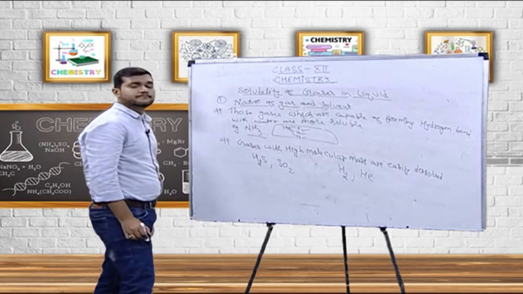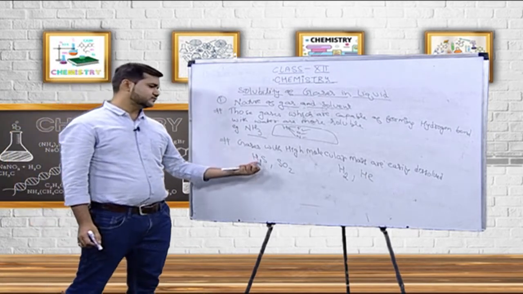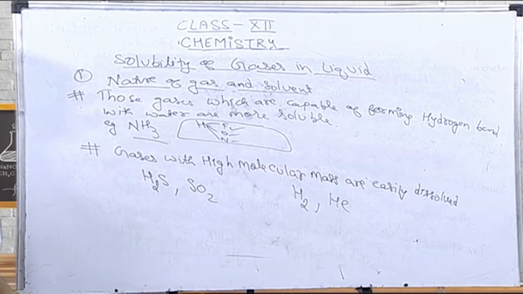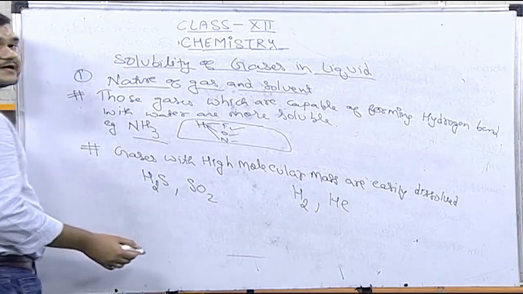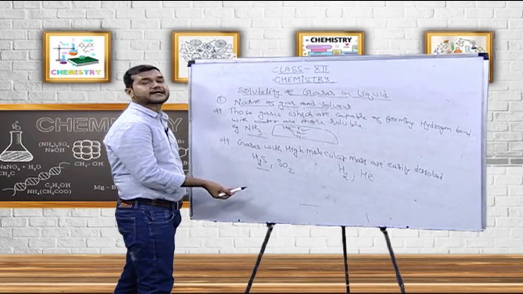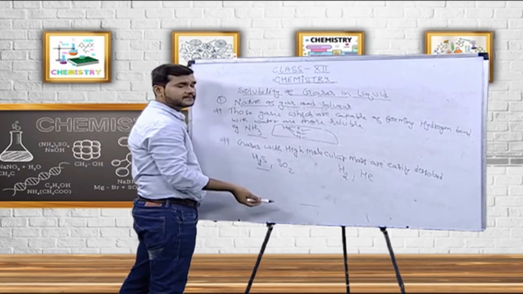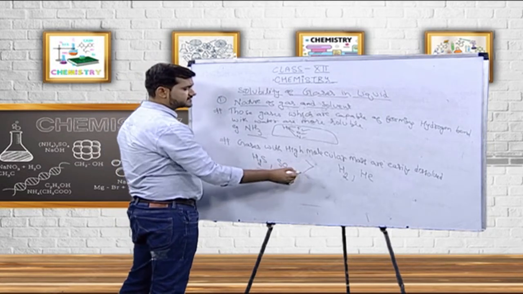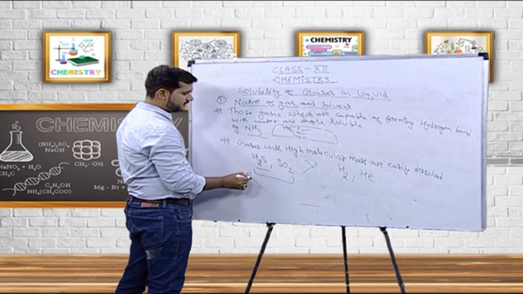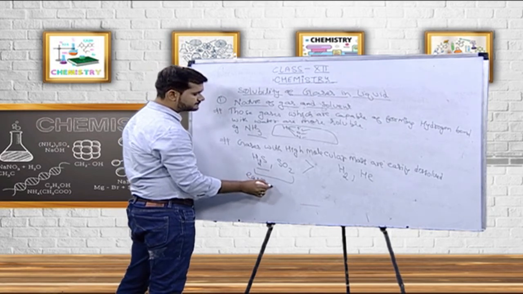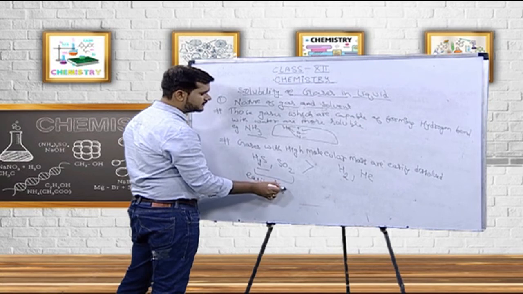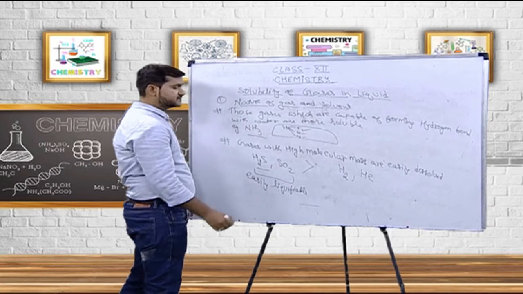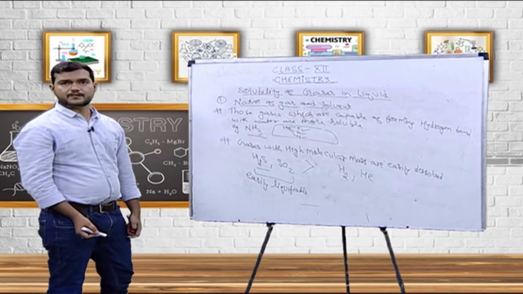Out of these, which gases have higher molecular mass? Obviously, H2S and SO2 have higher molecular mass than both H2 and He. So these gases with high molecular mass are easily liquefiable, easily dissolved in water.